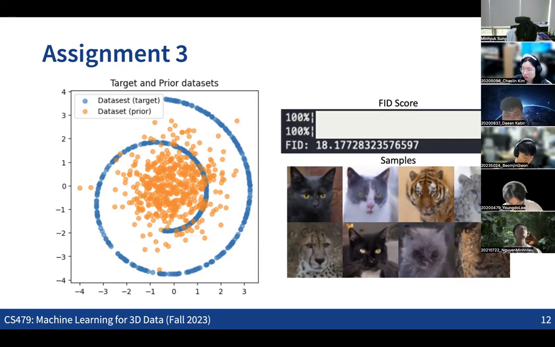One is running the DDPM and DDIM models that we also discussed, in a simple case with some 2D examples, and you also need to implement the same thing for image generation. Please check out the code, and if you have any questions or issues with implementing this, please let us know. The due date of assignment 3 is this Sunday.